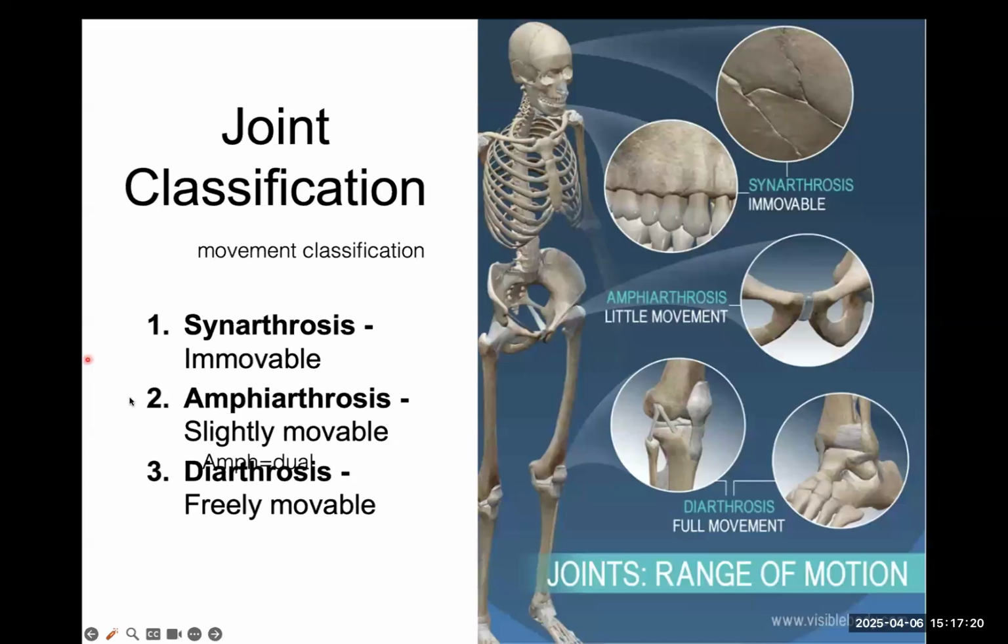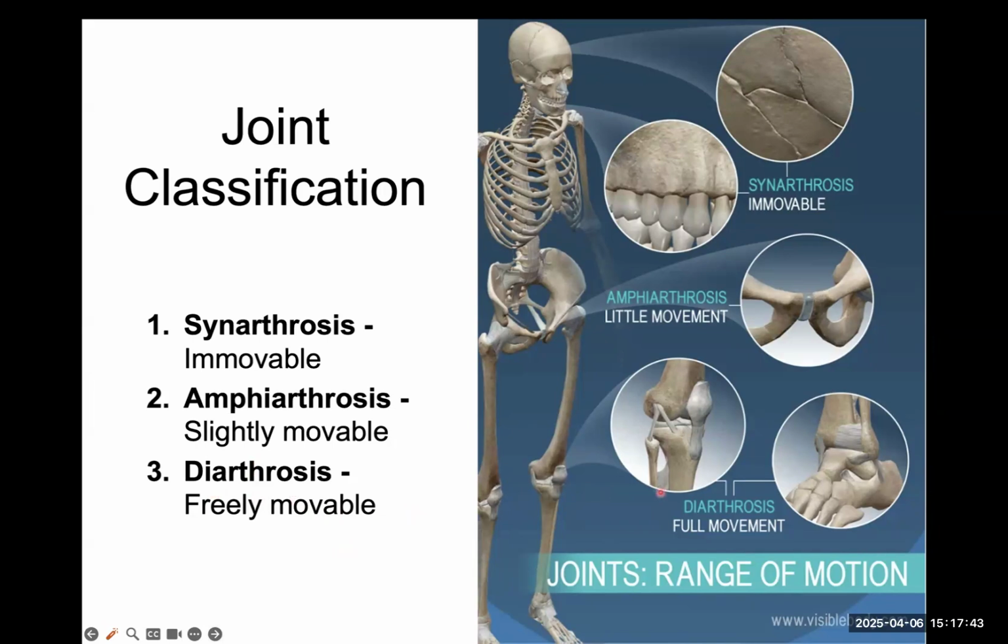And then we have a third one, which is called diarthrosis. That means fairly movable. Again, the word di, we've seen that before, means two. That refers to two separate bones. In this case, two bones are connected and they're separated, meaning they're freely movable. An example is the knee.